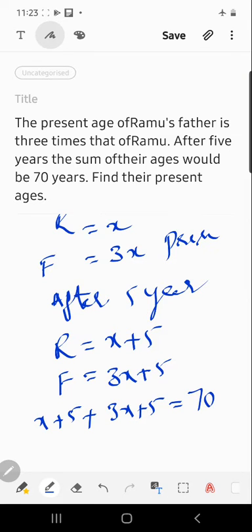After simplification, 3x plus x is 4x, and 5 plus 5 is 10, and that is 70. So if we solve this equation, we can find the x value. If we know x, that is Ramu's age, we can find father's age. In this way we can make the equation.